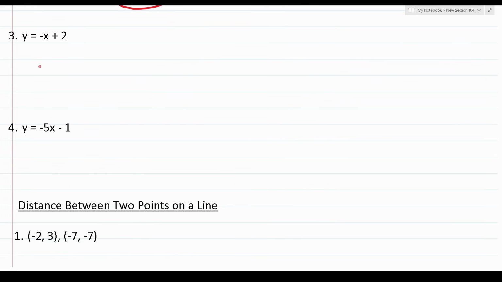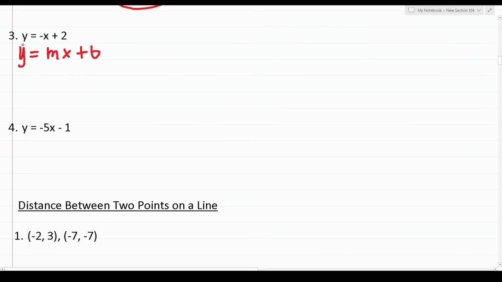In that box, there are 3 forms for an equation of a line. The form I want to talk about now is called the slope-intercept form, and that's written like this: y equals mx plus b, where m is our slope and b is our y-intercept.